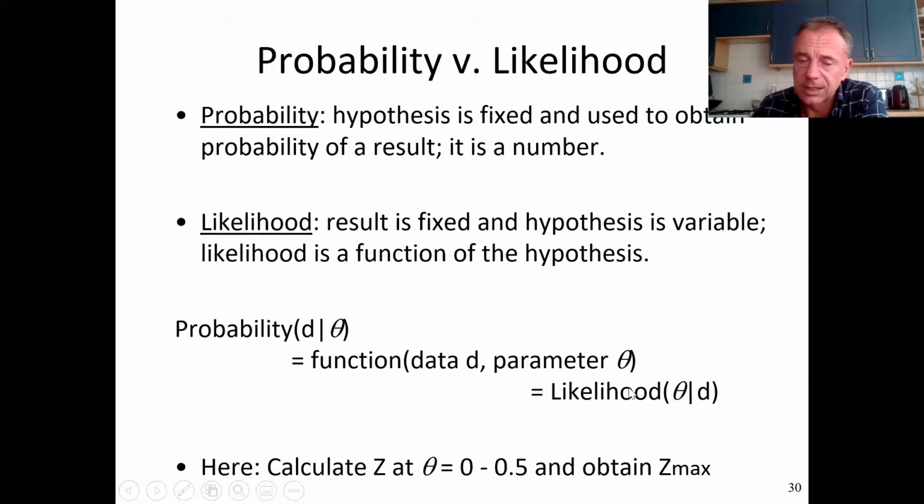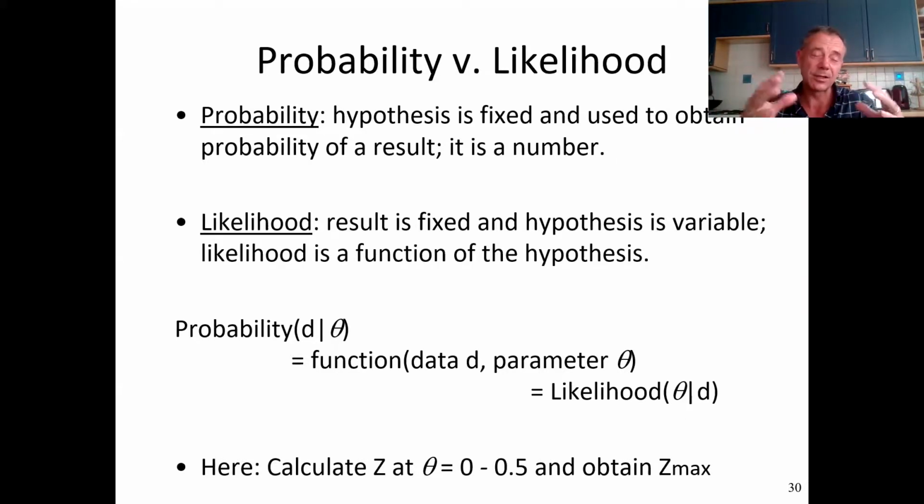The likelihood is a function of the parameter given the data that we have. We're going to try different values for that parameter and see the one that gives us the highest likelihood, which is intuitively the best guess that we have.